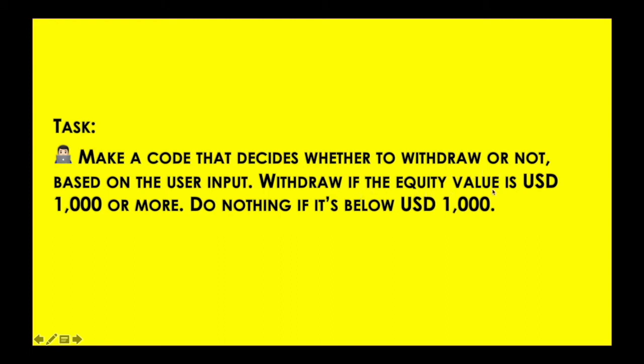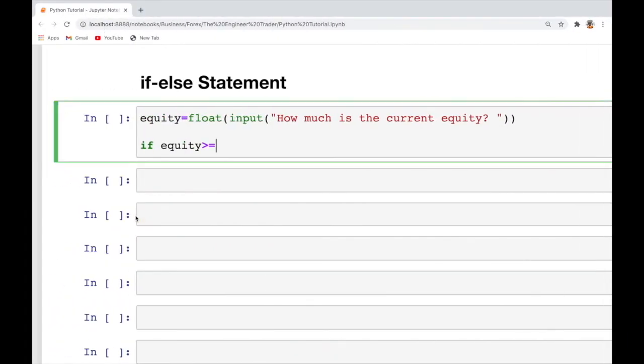Withdraw if the equity value is equal to or more than $1,000. So meaning if our current equity is exactly 1,000, we can now start withdrawing. So greater than or equals to is enough, because of the term or more. So greater than or equals 1,000.